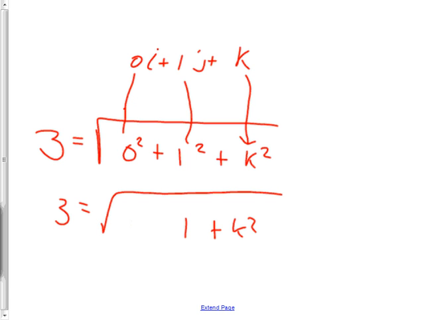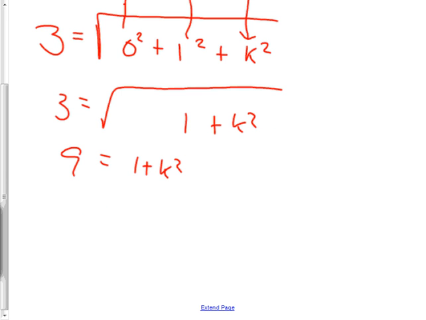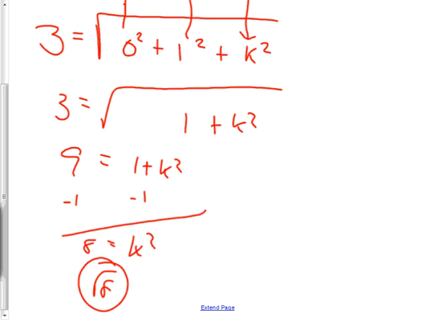Then how do you fix that? Square both sides. 9 equals 1 plus k squared, not square root anymore, I just squared both sides. Subtract 1 from both sides. 8 equals k squared. So k is the square root of 8.